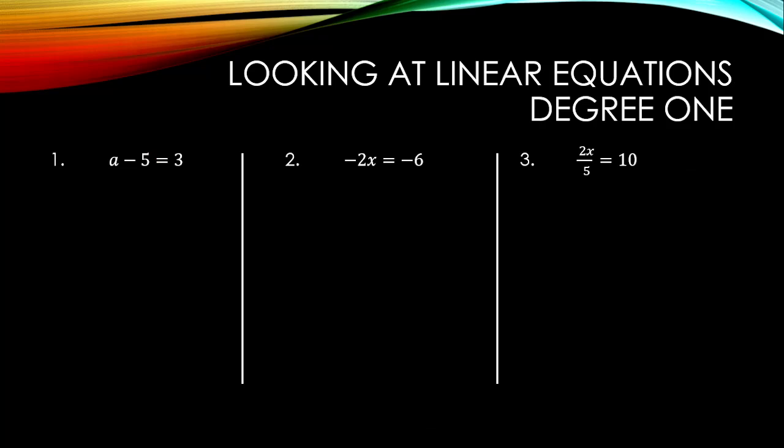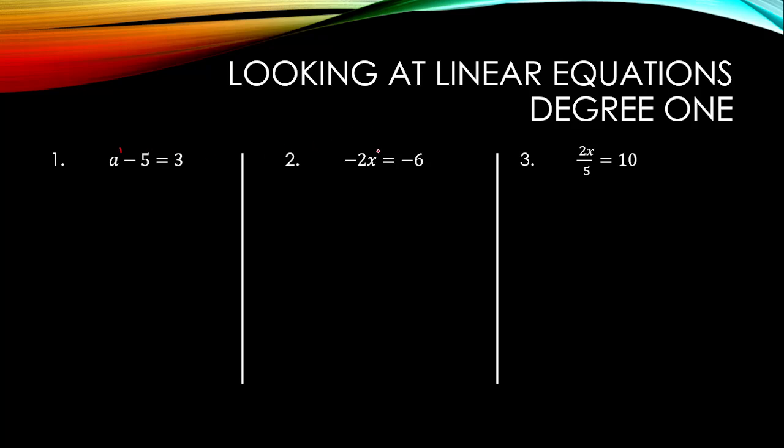Let's now look at what linear equations are, just in general. Because if we understand the basics of what a linear equation is, right back from grade 7, we'll have a better understanding of how to approach the trig equations. So let's take a look. When we spoke about degree 1 in the last video, or degree in general, I'm talking about the highest exponent. So let's look at all of these variables.